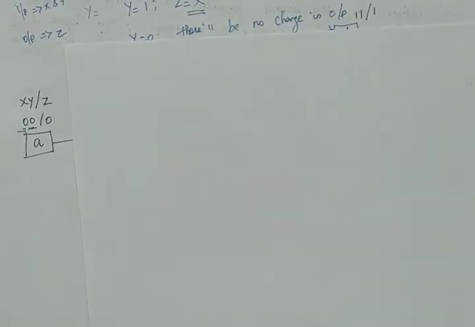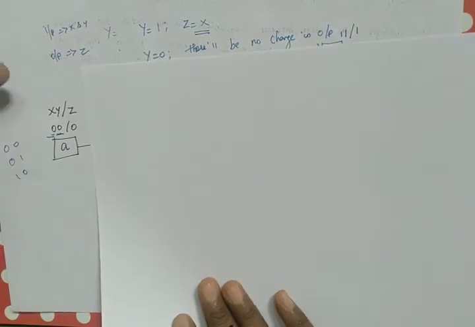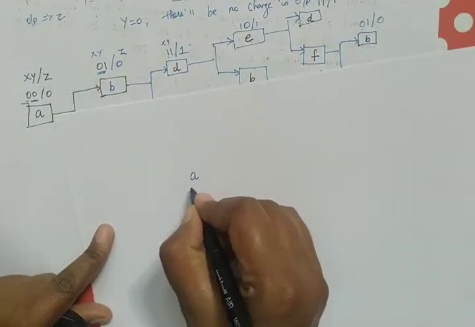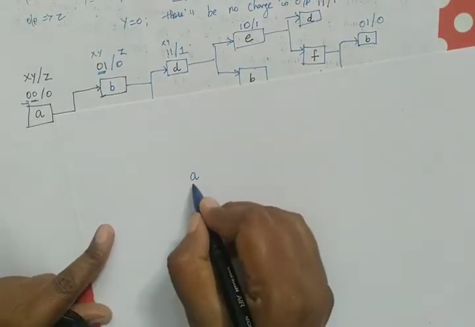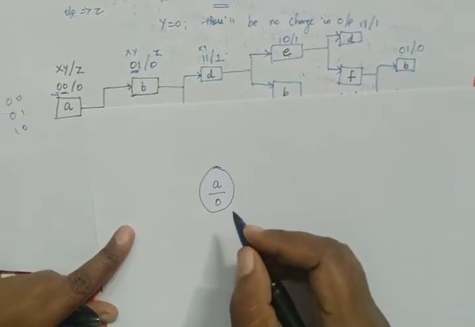So first we have A. Here it is A. Let me minimize. Okay. Here it is A. So let us start at A. And the output is 0. A by 0. This is the state diagram.